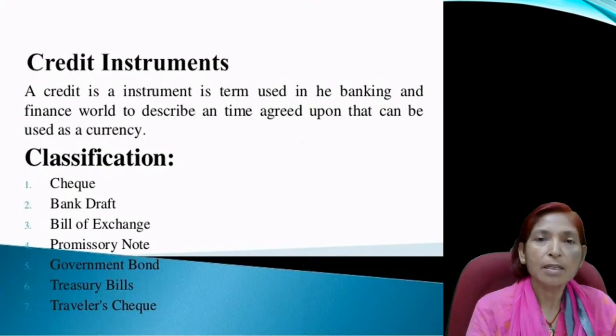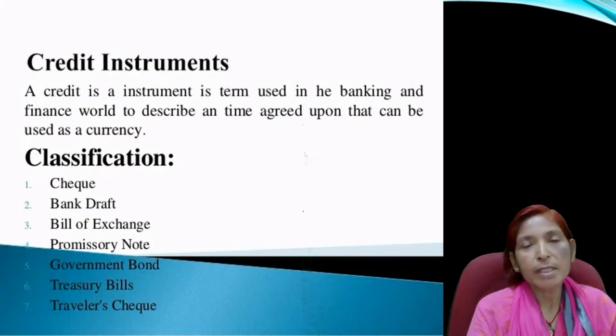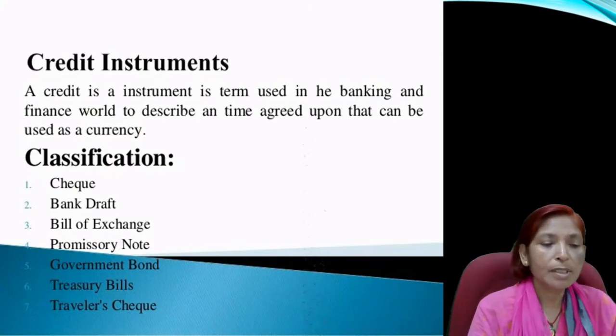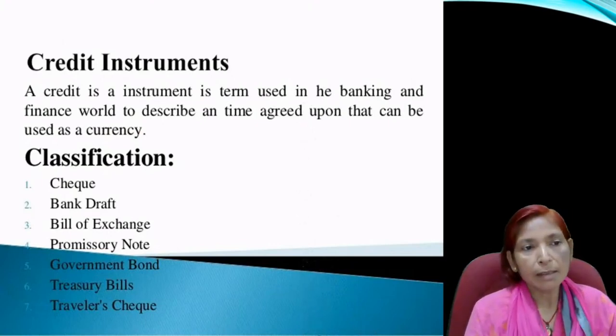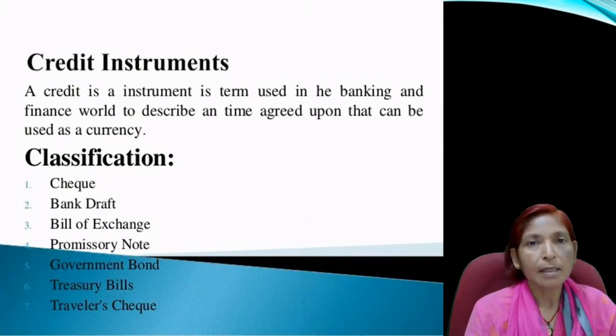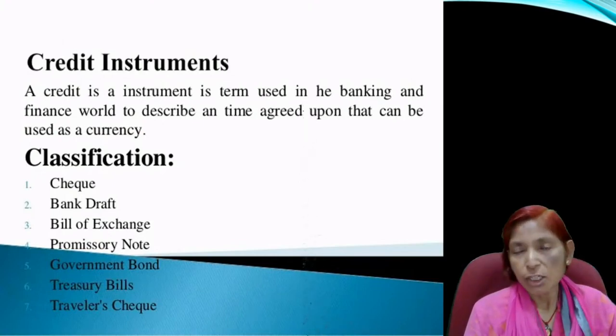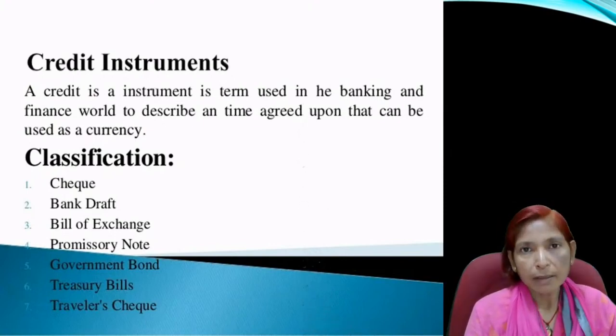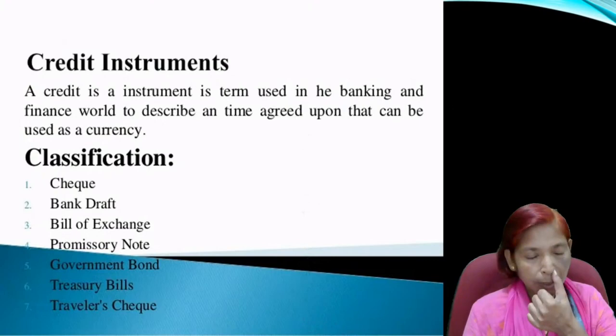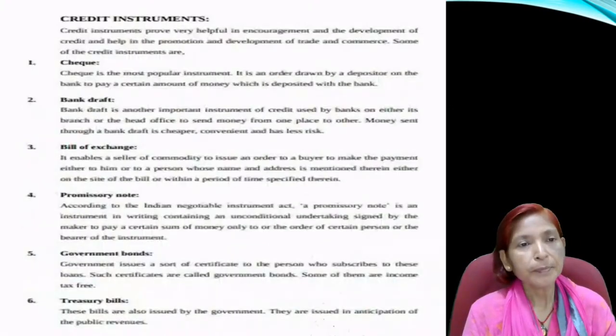Credit instruments are like checks, bank drafts, bills of exchange, promissory notes, government bonds, treasury bills, traveler's checks. All these are credit instruments. By these instruments, the financial system, financial markets and financial institutions can provide financial facilities to borrowers.